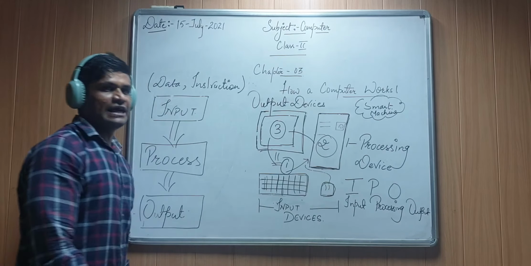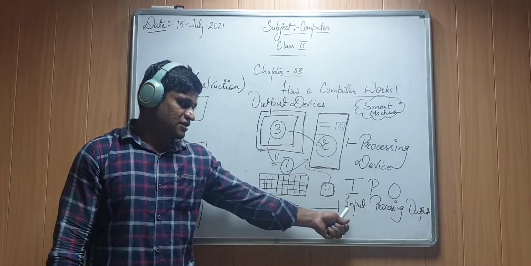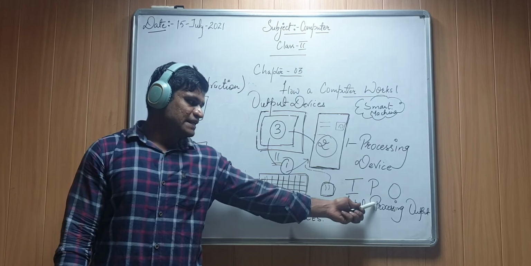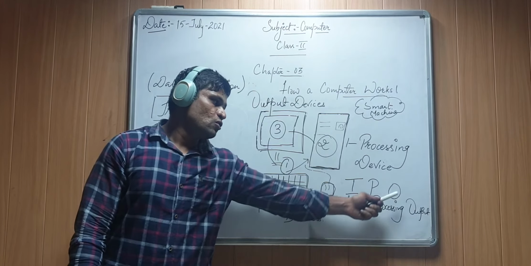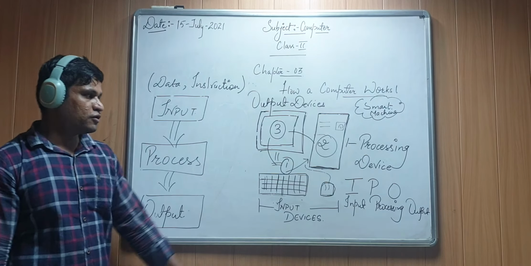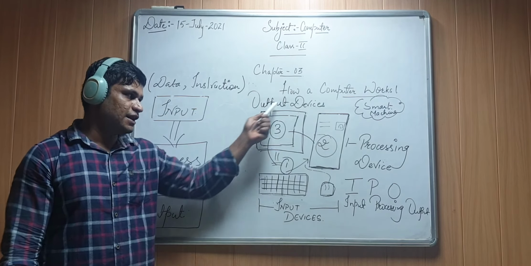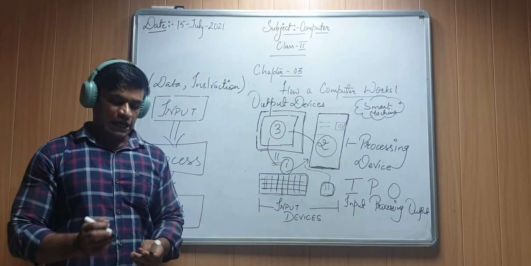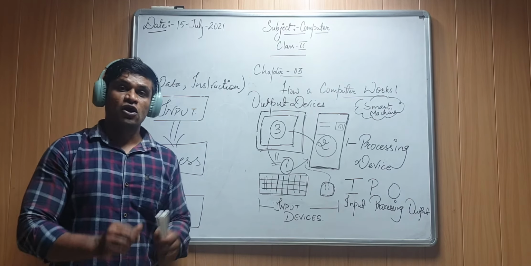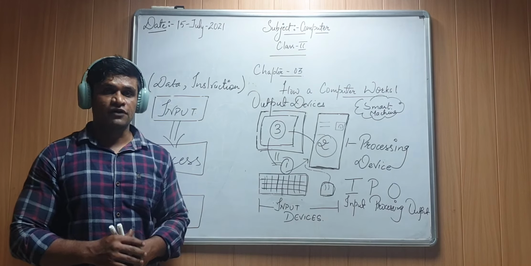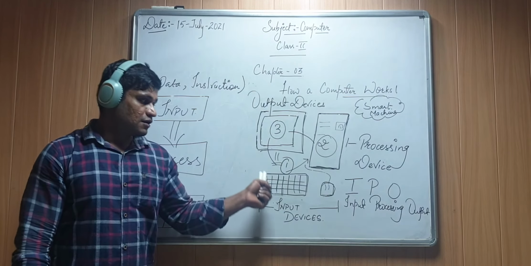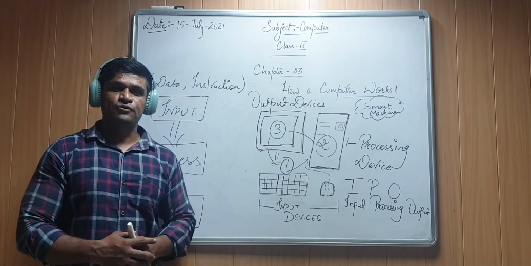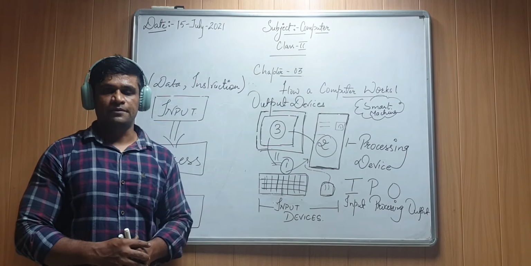The same IPO cycle is repeated by the computer again and again for doing all work. सारे वर्क्स को करने के लिए कंप्यूटर बार बार IPO cycle को फॉलो करता है.